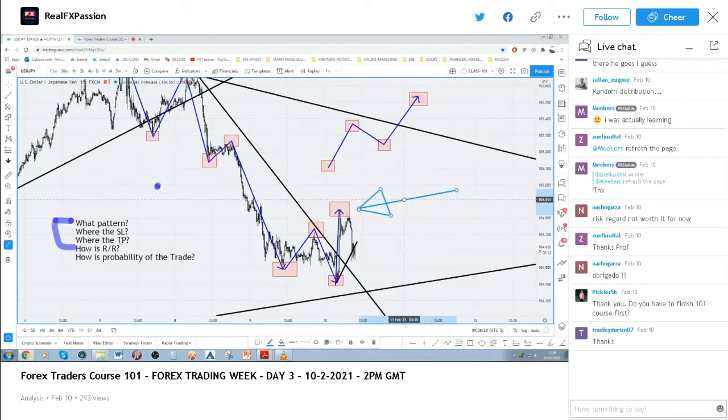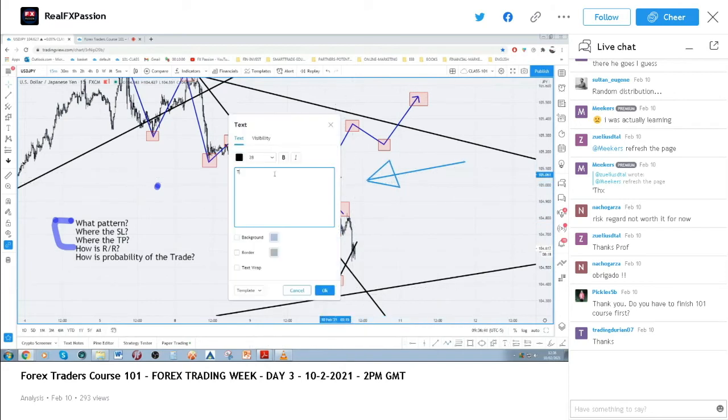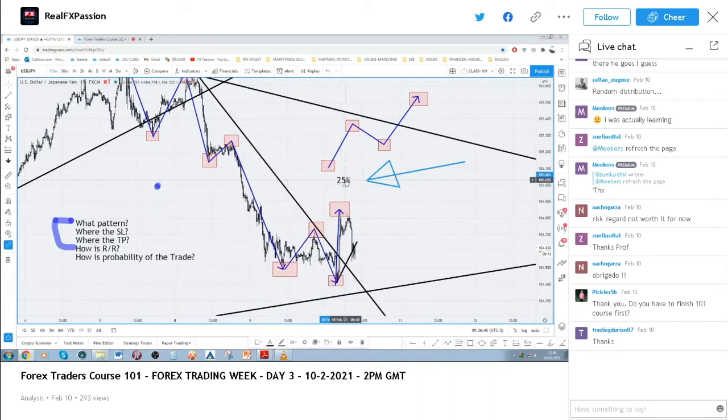Okay, so Pickles says megaphone. What is megaphone? How much is this? From the previous lesson, every relevant high and low is 25%. When you have the first low, it's 25. When you have the first high, just as an example, your uptrend is at 50%.